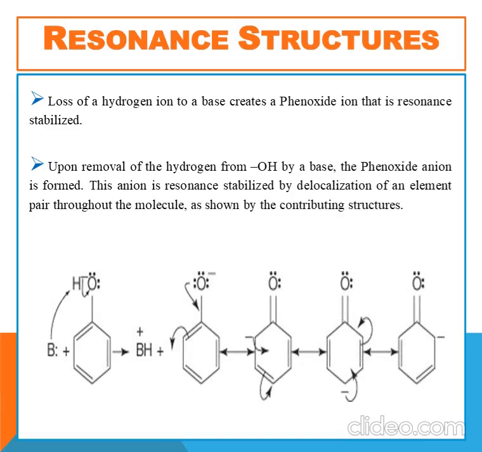So in the structure you can see, the base has taken up the hydrogen from the phenol and the resultant is the phenoxide ion, and the same resonating structures we have just discussed are seen by the phenoxide ion.